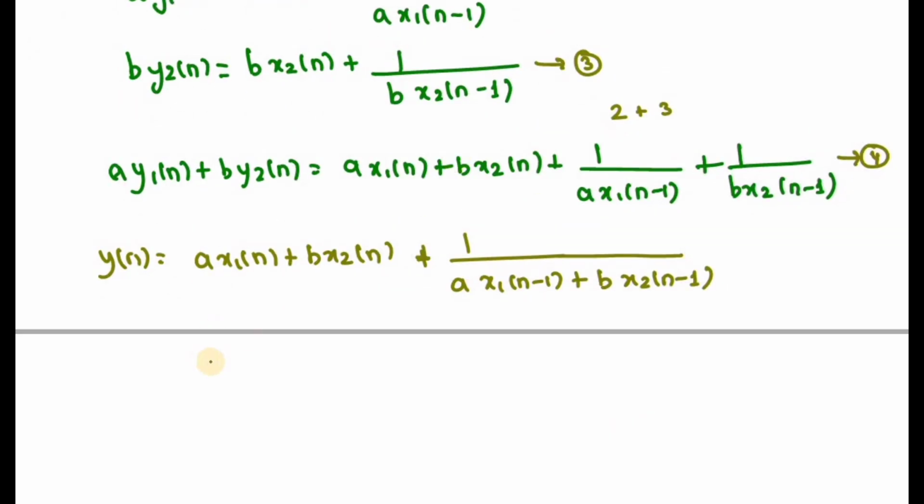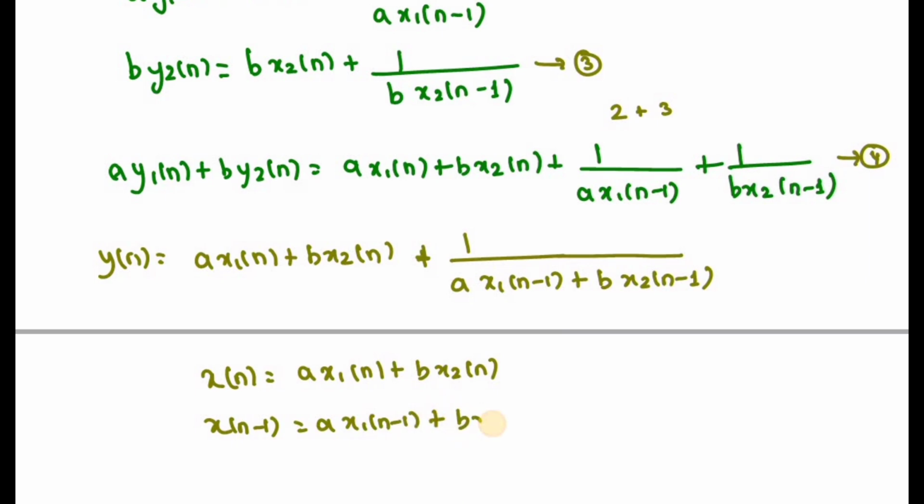That is, for x of n you substitute a into x1 of n plus b into x2 of n, and for x of n minus 1 you substitute a into x1 of n minus 1 plus b into x2 of n minus 1 in the first equation, to get the fifth equation.